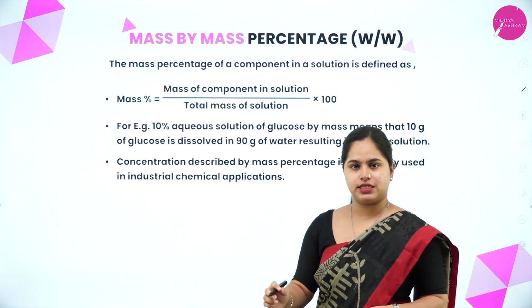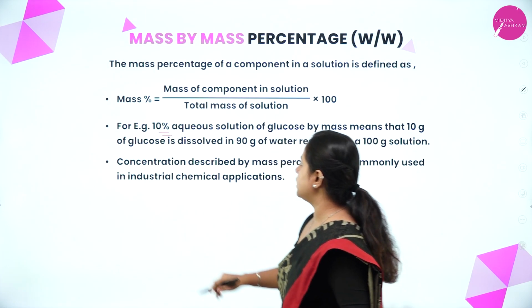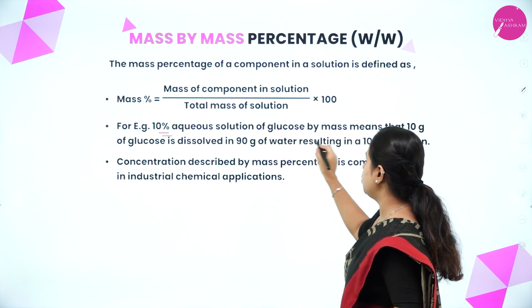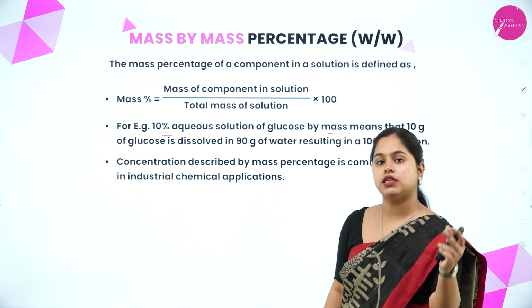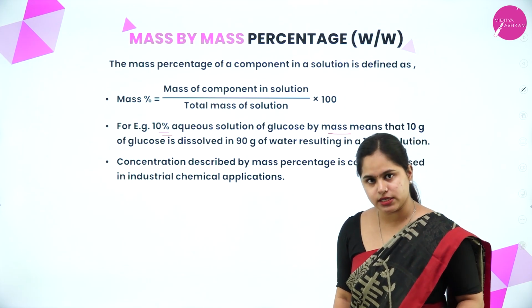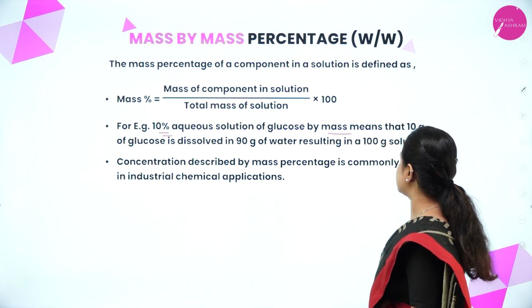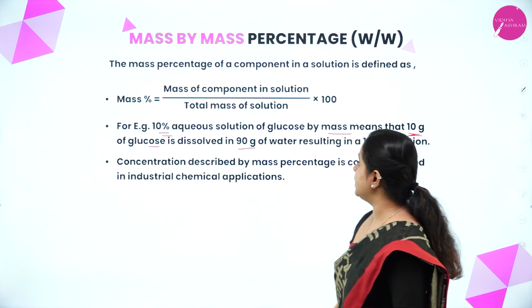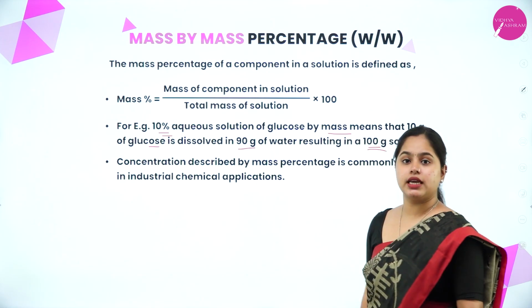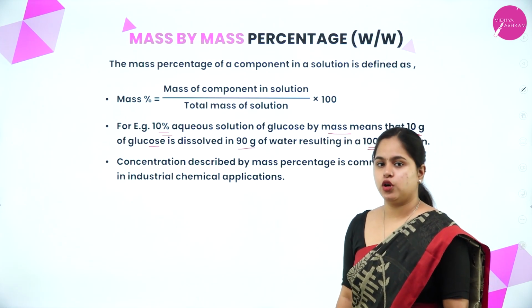So for example, let's say there is a 10% aqueous solution of glucose by mass. If it is given that 10% of glucose by mass, what does that mean? It means that there is 10 gram of glucose which is dissolved in 90 gram of water, resulting in 100 gram of your solution.